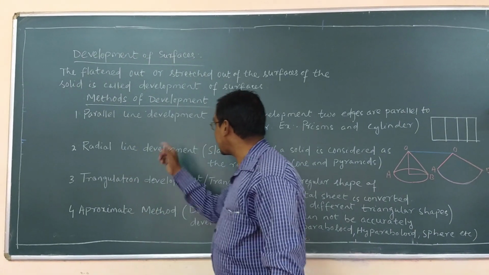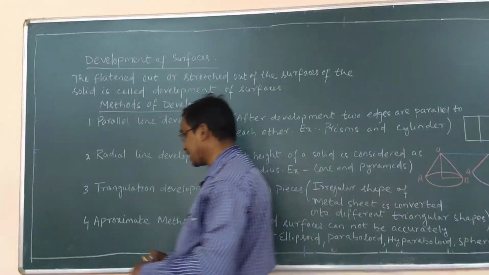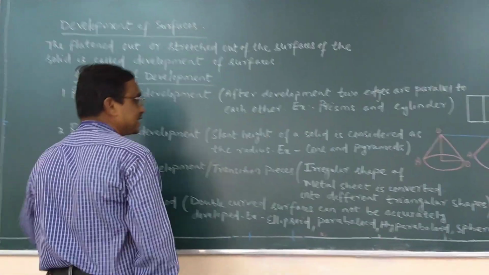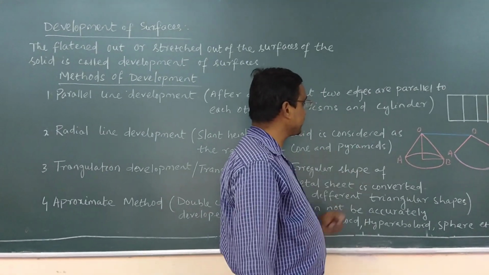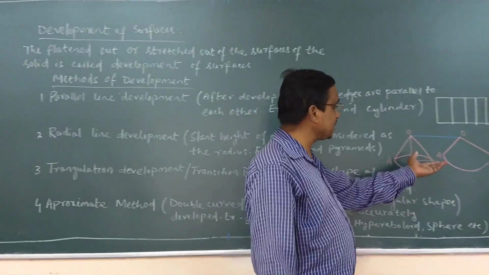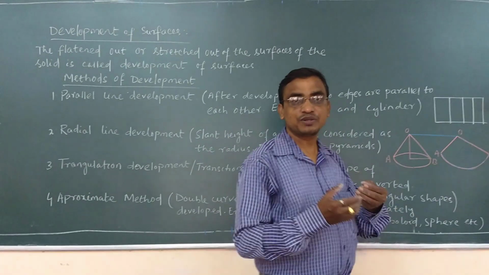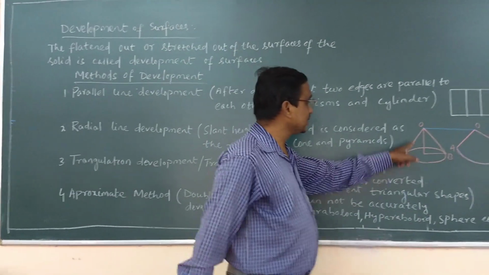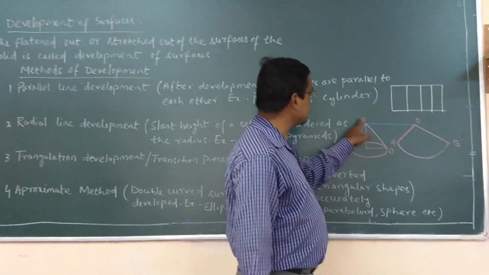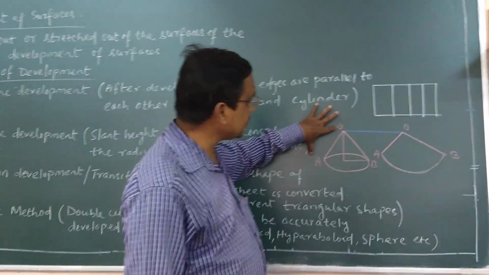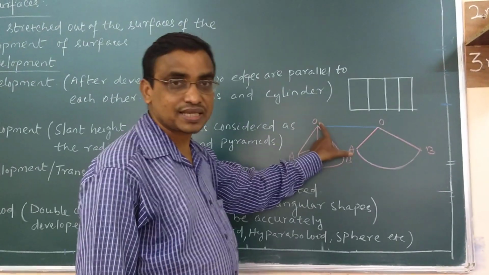And what is the radial line development? In this case, the slant height of a solid like a cone or pyramid is considered as the radius when you develop it, means when you stretch it. Just mark, this is a cone, O is the vertex and OA is the slant height, or OB is the slant height.